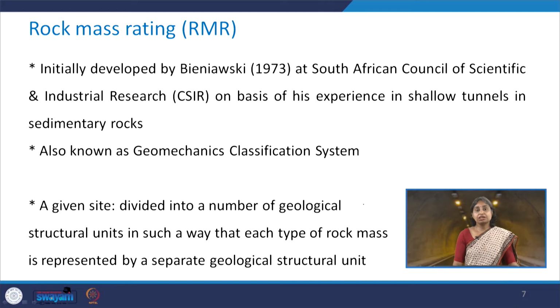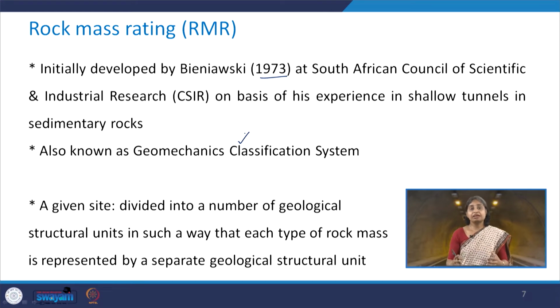It was initially developed by Bieniawski in 1973 at the South African Council of Scientific and Industrial Research on the basis of his vast experience in the area of shallow tunnels, and that too in sedimentary rocks. This system is also known as the geomechanics classification system.